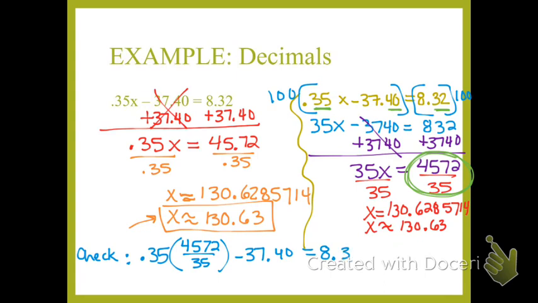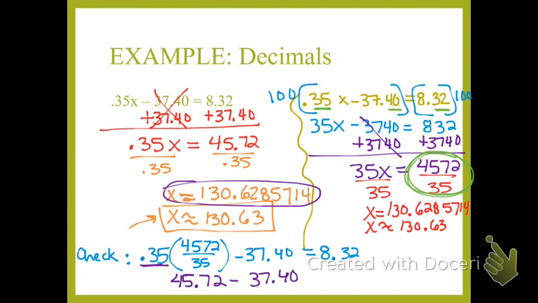If I had done this problem with the method on the left, then I would just keep this long decimal in my calculator and immediately multiply that by 0.35, which gives me 45.72. And then 45.72 minus 37.4 is in fact 8.32. So this does check, and that is the correct answer.